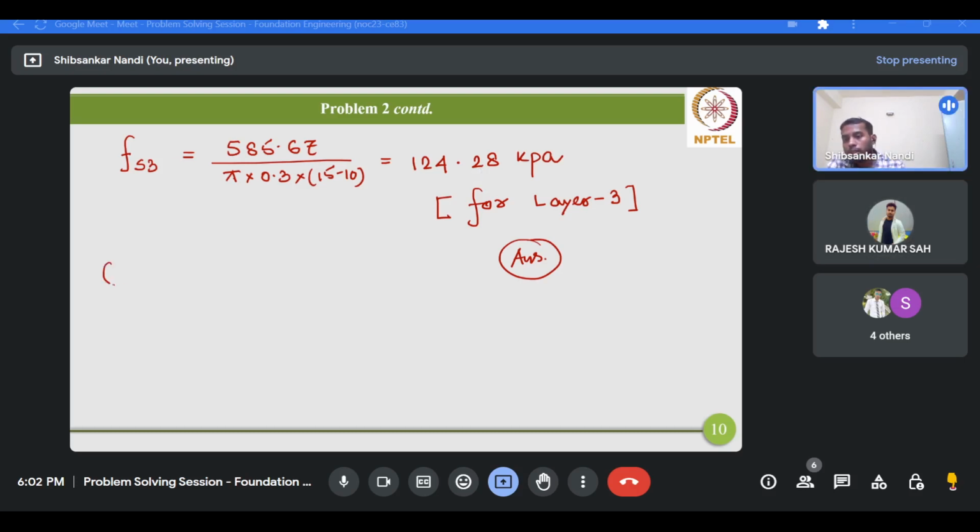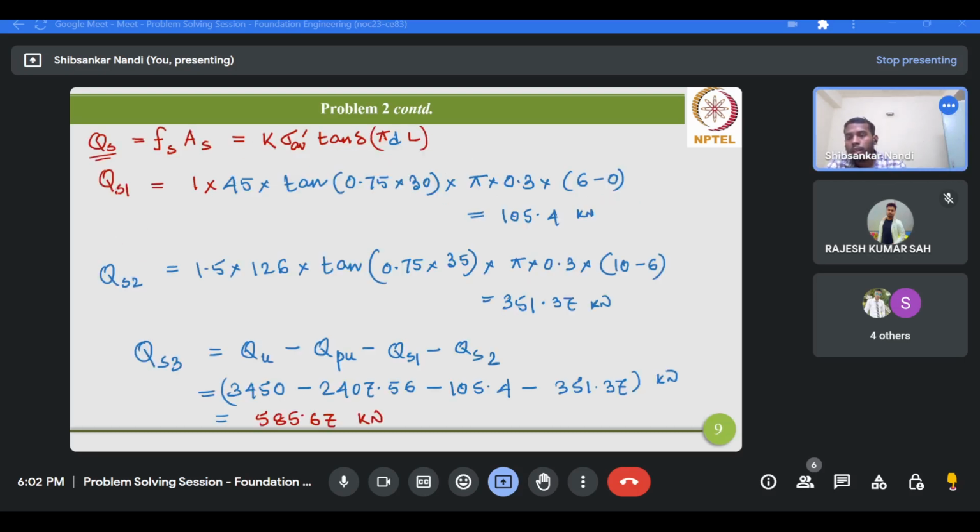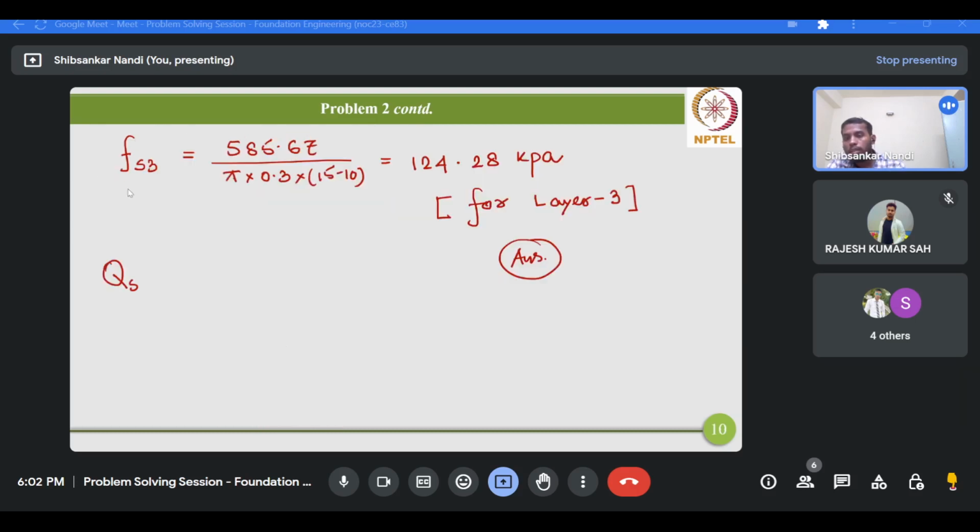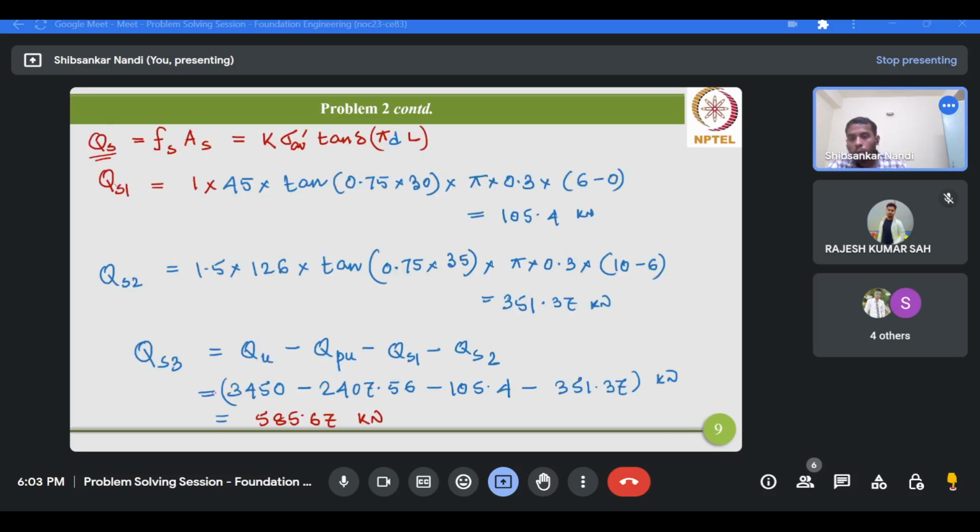So f_s3. Now, how have we calculated this individual contribution for the ultimate skin friction? We have calculated this Q_s_i, the unit skin friction contribution multiplied by the respective surface area. Now here we have got the ultimate one for layer 3 by subtracting QPU, QS1, QS2 from QU.